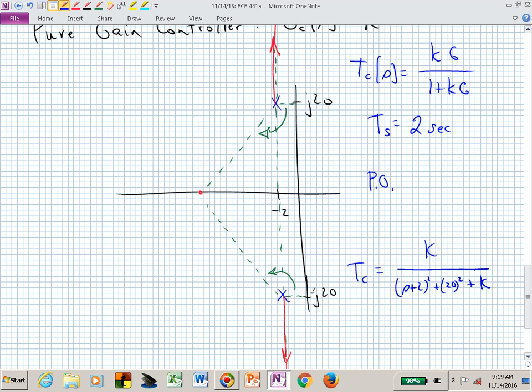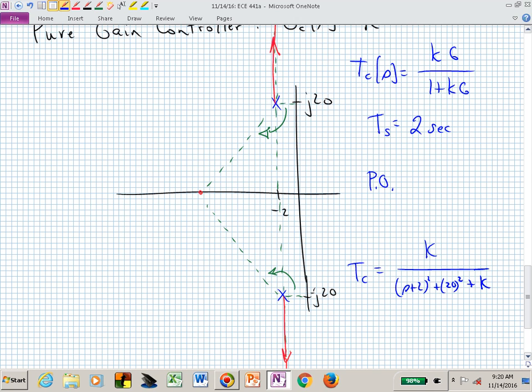Now I return, what's my percent overshoot? And now you can answer with the good answer. It depends, right? It depends on K. If you don't pick a K, you can't really answer that question.